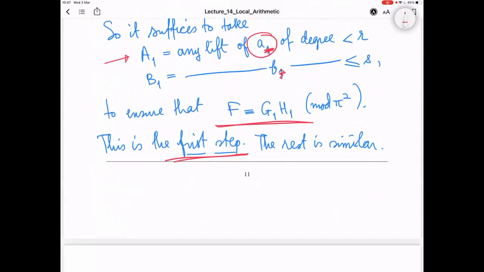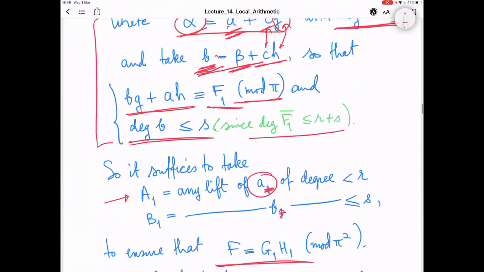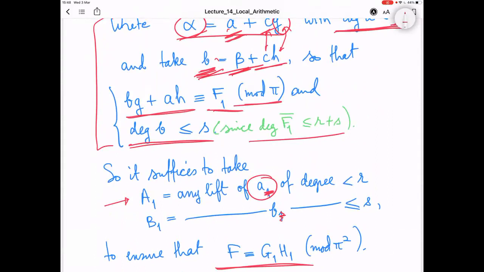Just as in the usual Hensel's lemma, which we have proved, the next step is essentially similar. We'll have to repeat this. So let me stop here for a few minutes to see if there are any questions.